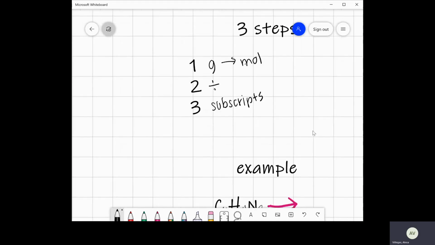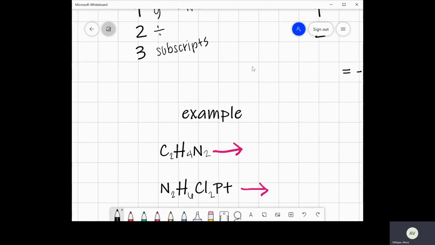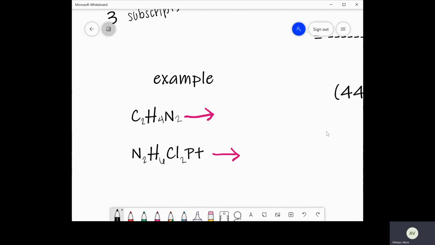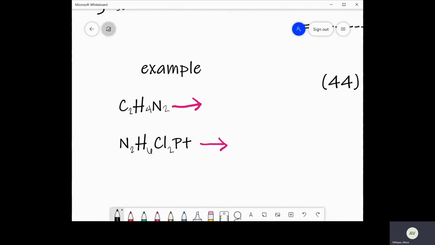So let's say in a more general example, I asked you to find the empirical formula of C2H4N2. So using our whole number ratios that we can reduce by, and then for the second example, notice here, this is a 1.